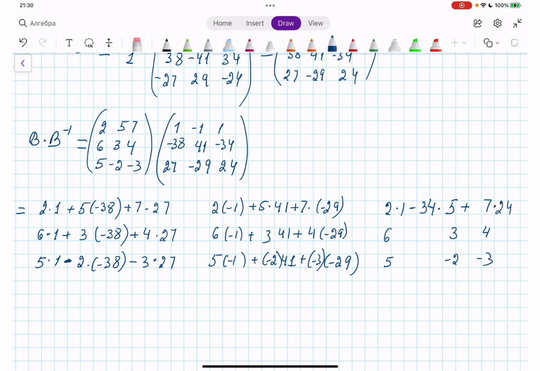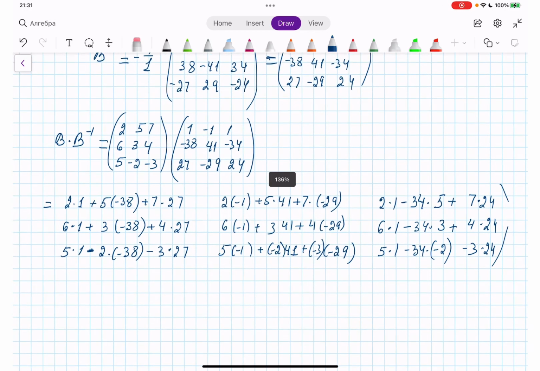The same numbers I'm applying here: 6 times 1, minus 3 times 34, plus 4 times 24. And 5 times 1, negative 2 times negative 34, and negative 3 times 24.